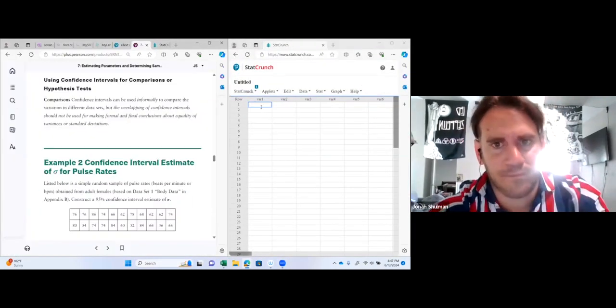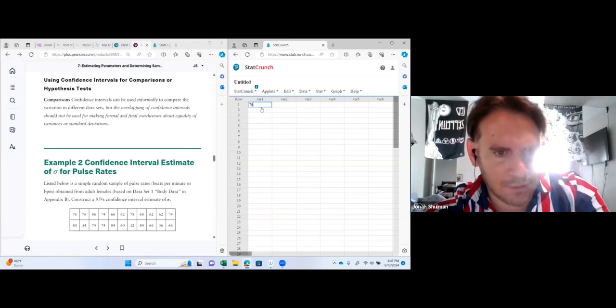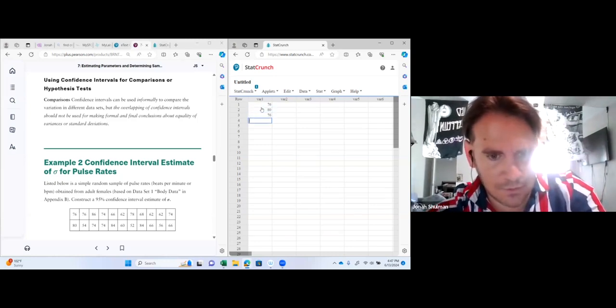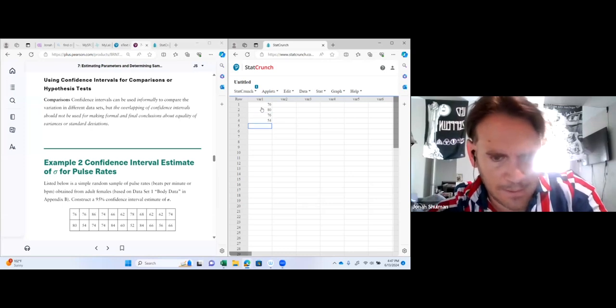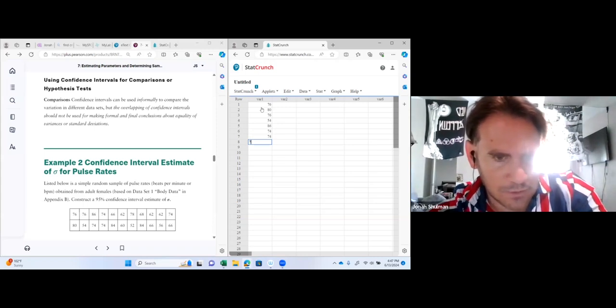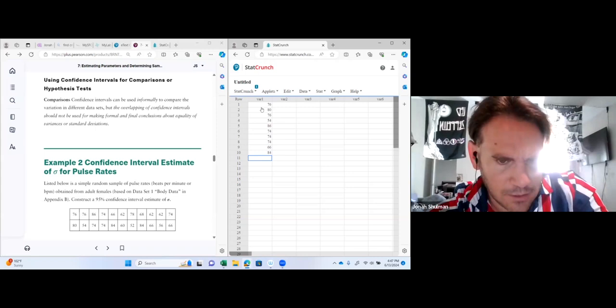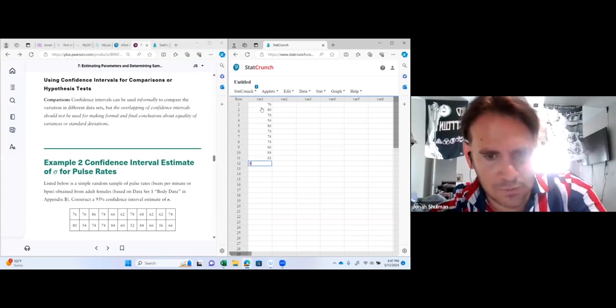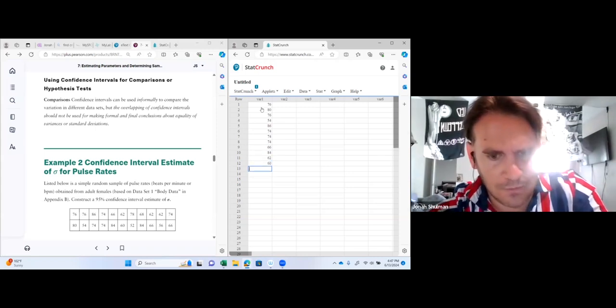So let's put it in: 76, 80, 76, 54, 86, 74, 74, 74, 66, 84, 62, 60, 78, 50. Now it doesn't matter how big it is. It actually has to be normally distributed for us to work with it.